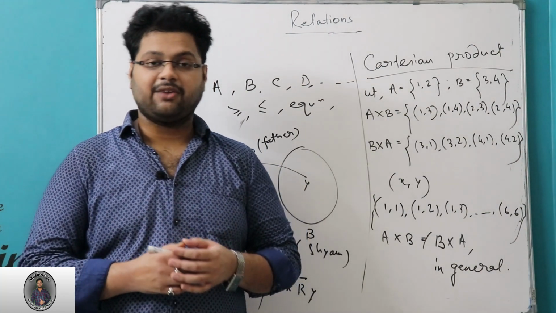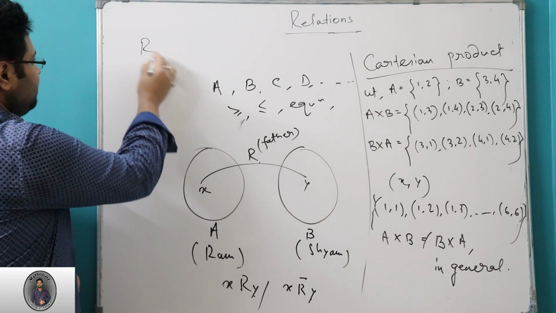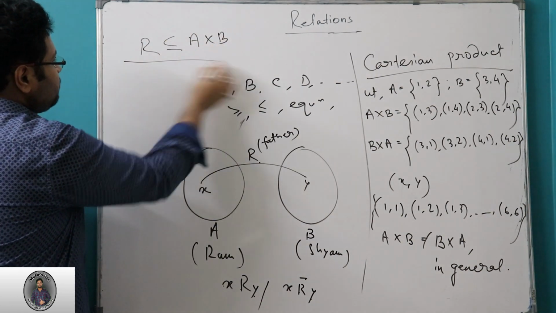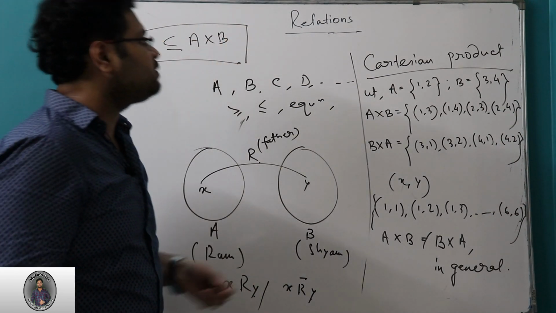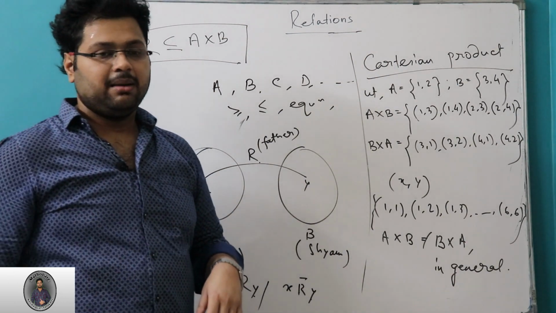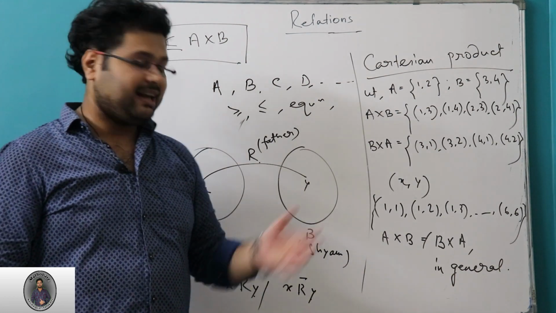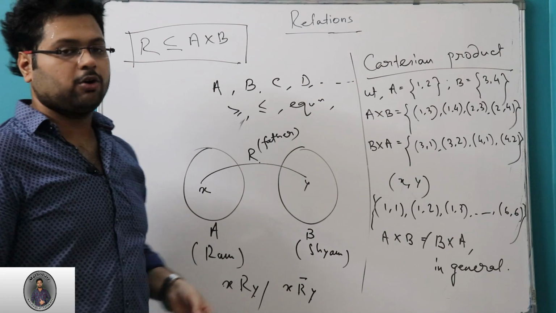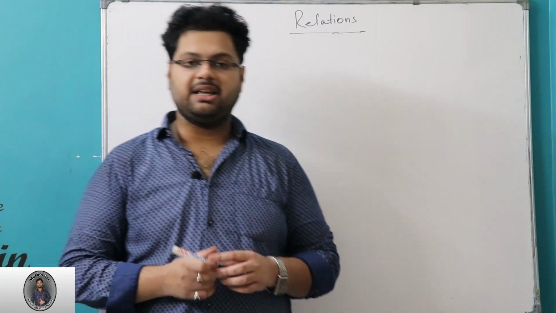So that's why the definition of relation says that a relation R is a subset of the Cartesian product of any two sets, A cross B. So that means you can take A cross B as the collection of all possible relations between the set A and the set B. And as we are talking about a single relation, it will be a subset of A cross B. Now we need to know some parts of a relation.